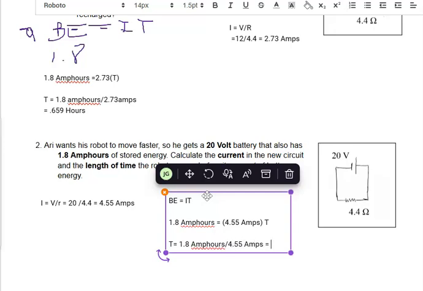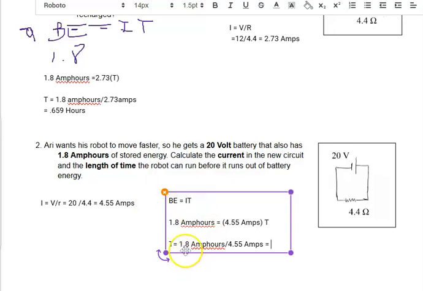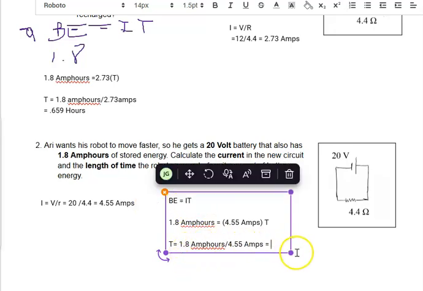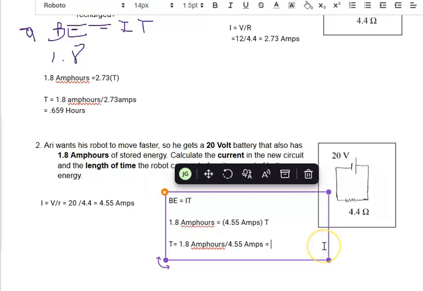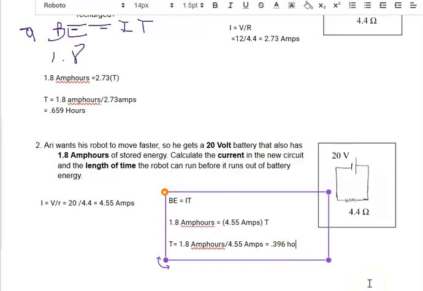So the amps cancel. That's why it's an amp hour, not an amp divided by an hour. That leaves you with 0.396 hours of battery life. In my PDF answers, I converted that to minutes. You don't have to if it doesn't tell you to, but it is about 24 minutes.